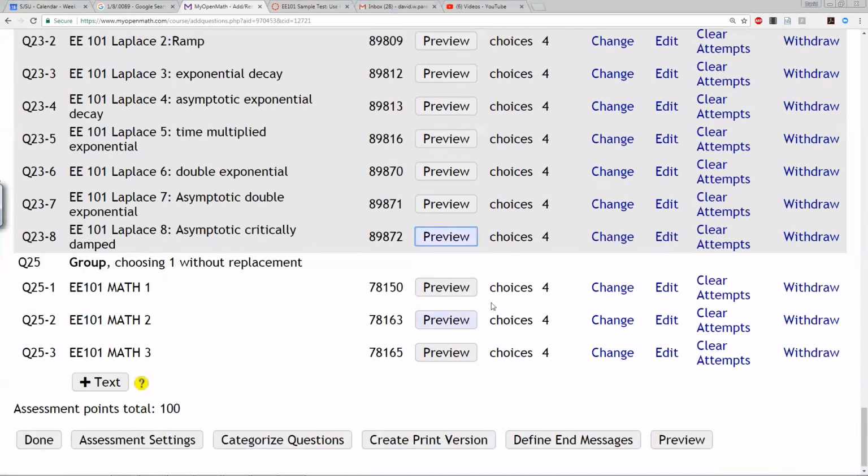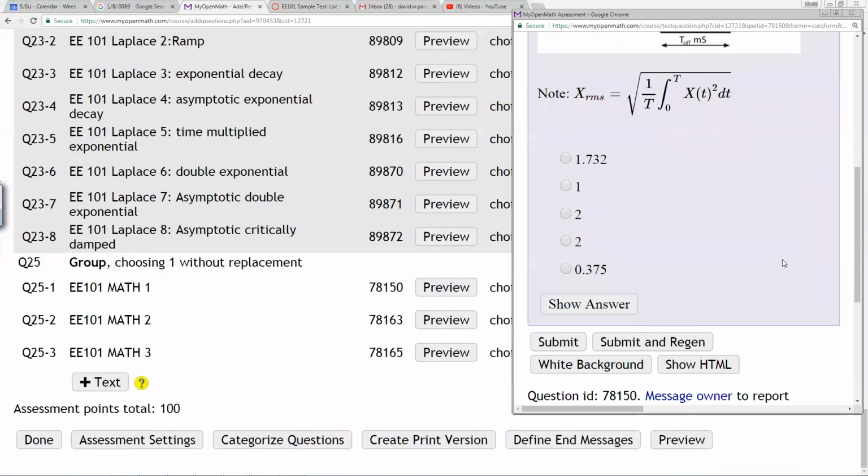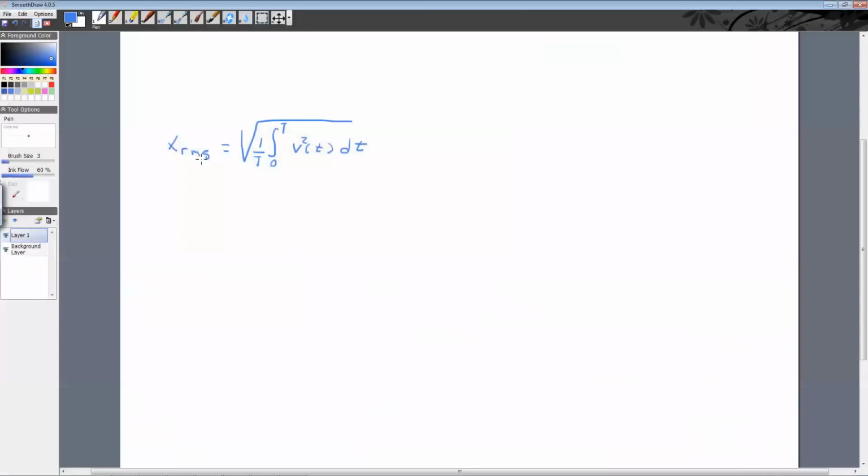Let me double check. Yeah, although since we're saying that's XRMS, I should have an X there. So really, we have several kinds of problems.